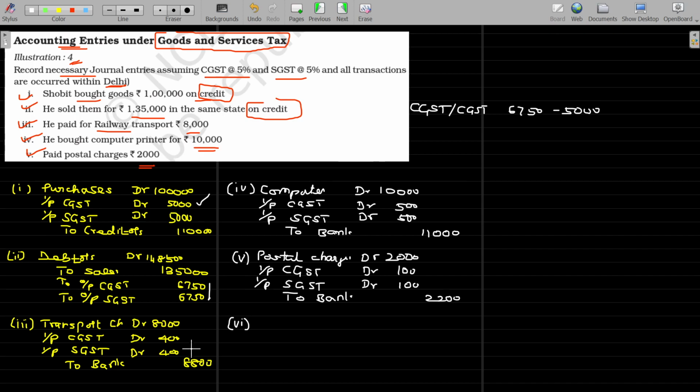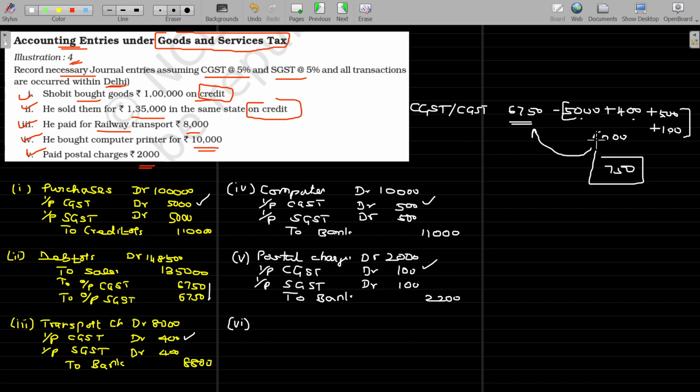Not only that, another 400. Not only that, another 500. Not only that, again I have paid another 100. All the tax paid on purchases could be accumulated and credited in our electronic credit ledger. That will be adjusted for the output tax payment. So 5,000 plus 400 plus 500 plus 100, 6,000 is now available in the electronic credit ledger. So I offset this payment. Balance 750 rupees should be payable from the electronic cash ledger, right?